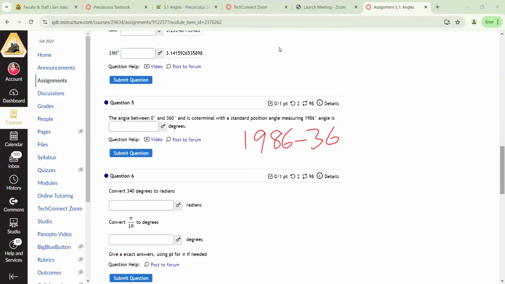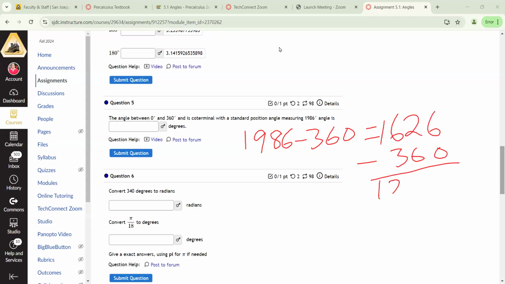So I would subtract 360 as a first thing. And when you do that, 1986 take away 360, it would be 1626. You subtract 360 again, and you get 1266.